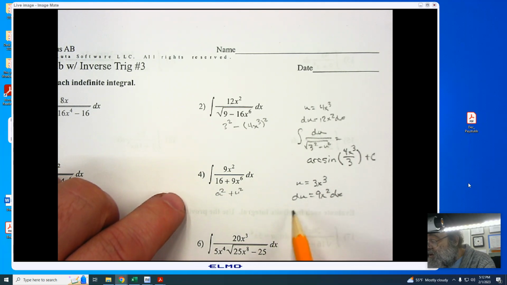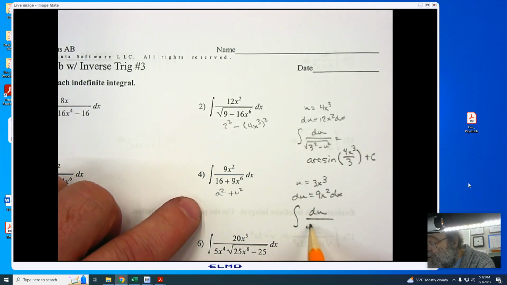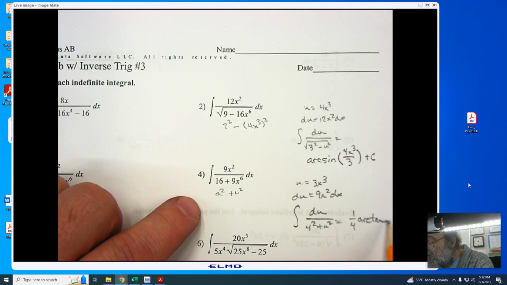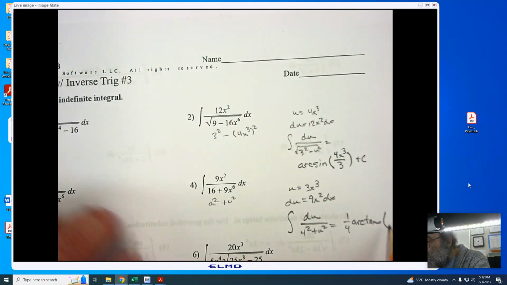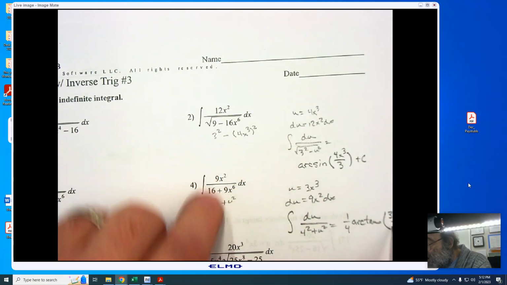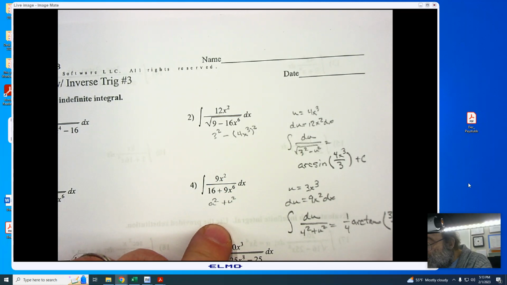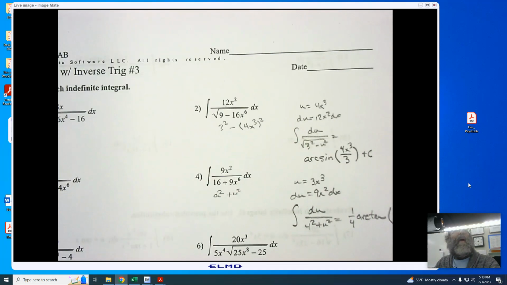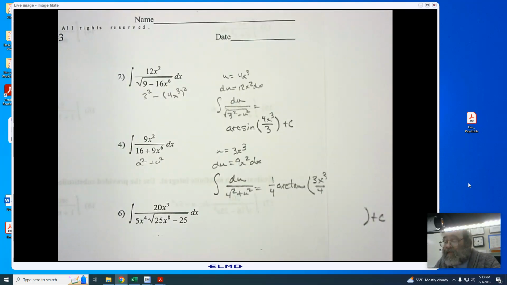When we replace, we have du in the numerator and 4 squared plus u squared. Once again, this is our arc tangent and gives us 1/4 the arc tangent of u over 4, and that's going to be 3x cubed divided by 4, plus c. And there we have our answer to number 4.